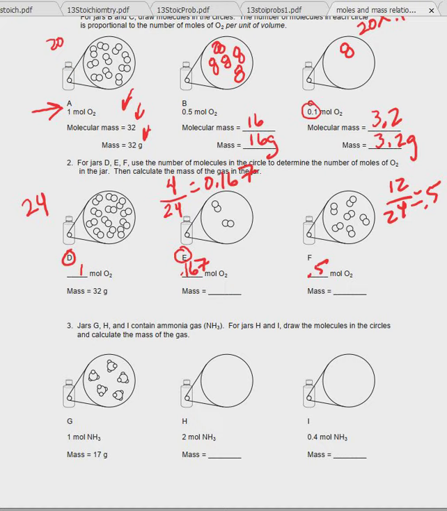And on the last one, 1 mole has 1, 2, 3, 4, 5. So 2 moles would be 1, 2, 3, 4, 6, 7, 8, 9, and 10. So that gives us 10 pieces.